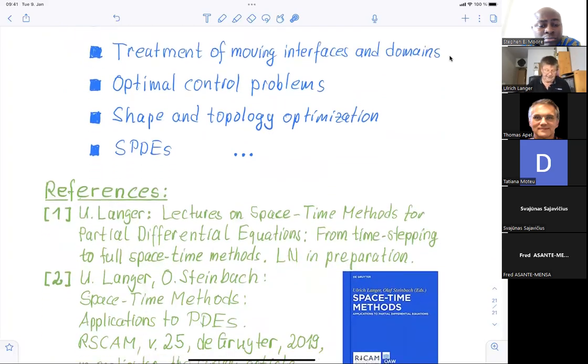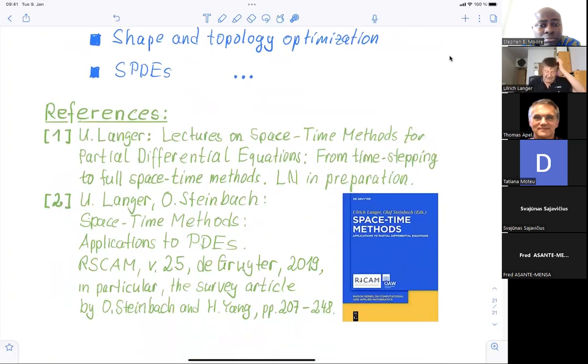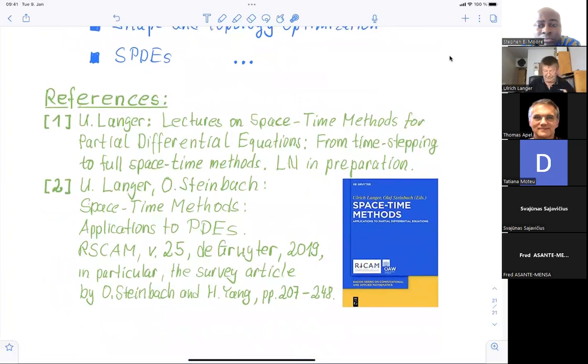So references. I am working on lecture notes, which are in preparation. I can then also provide these lecture notes, where you can find this material with all proofs and all things. And I want to show also this collection of survey articles that Olaf Steinbach and I collected after a special semester at RICAM.